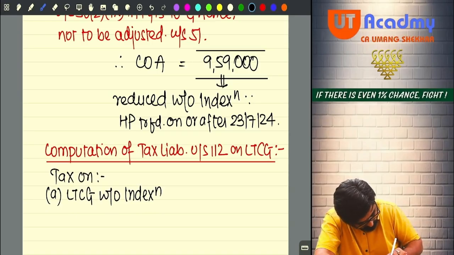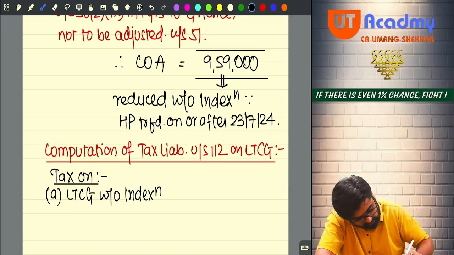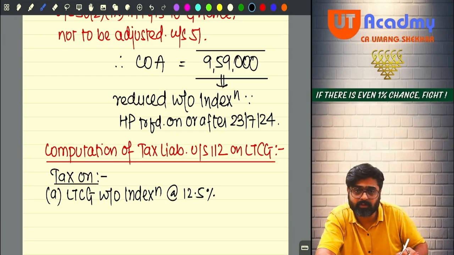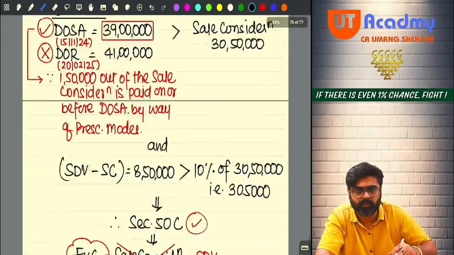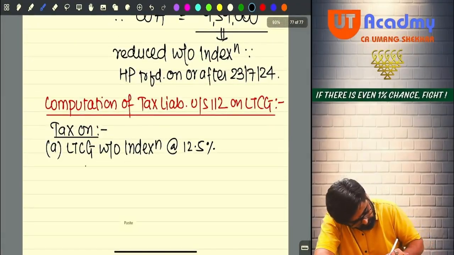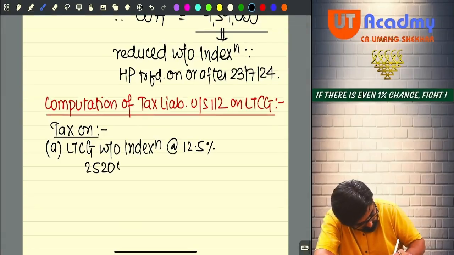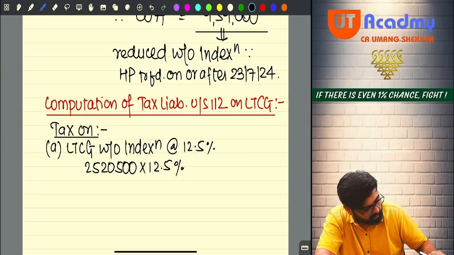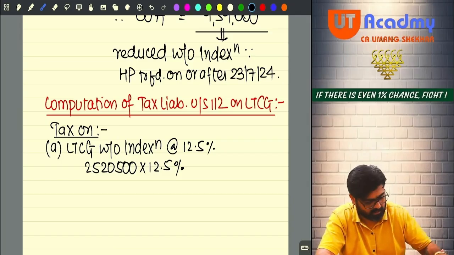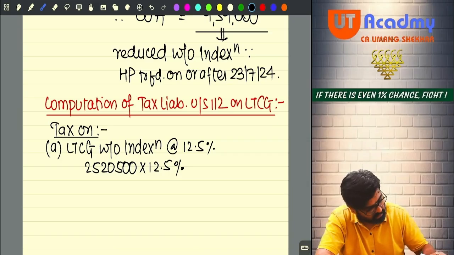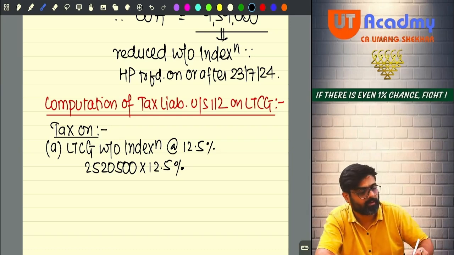Tax on LTCG without indexation at 12.5%. Do I have LTCG without indexation? Yes, I have. That was 25 lakh 20,500. 25 lakh 20,500 into 12.5% will be 3,15,063.